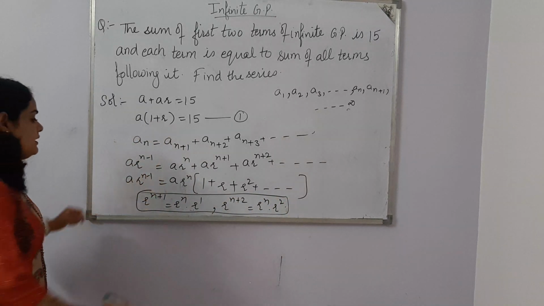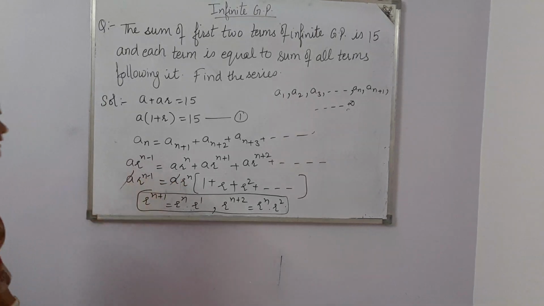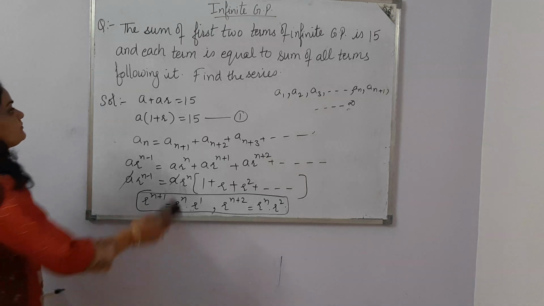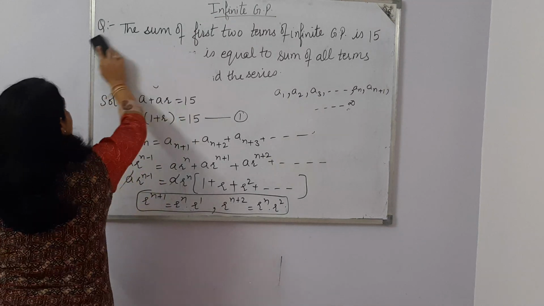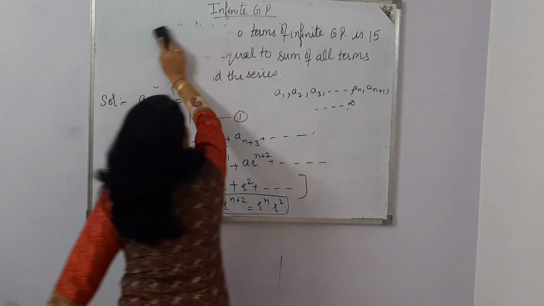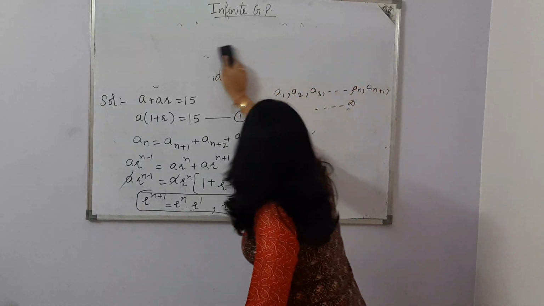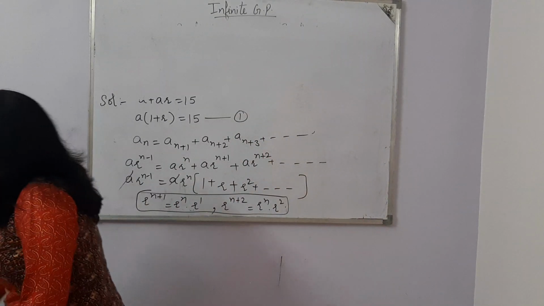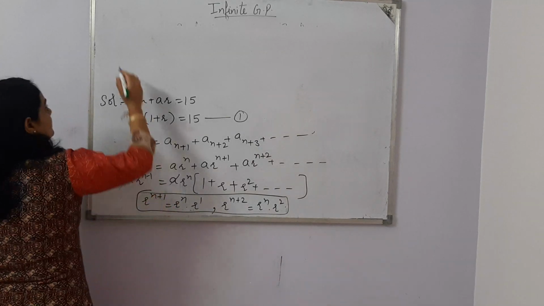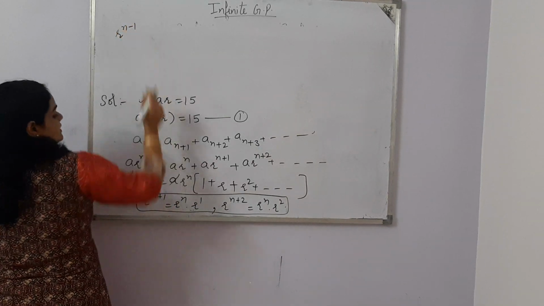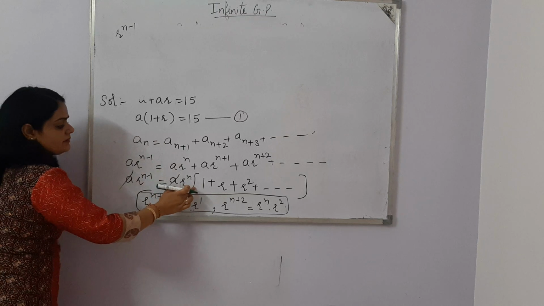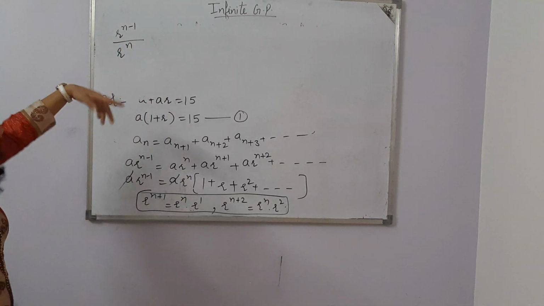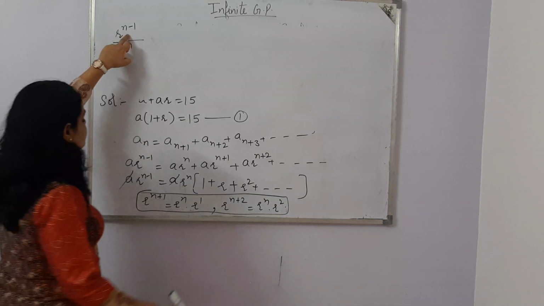So A is cancelled with A. Now we need to find the series. Here R to power n is in multiplication. When it goes to the left hand side, it will divide with this term.